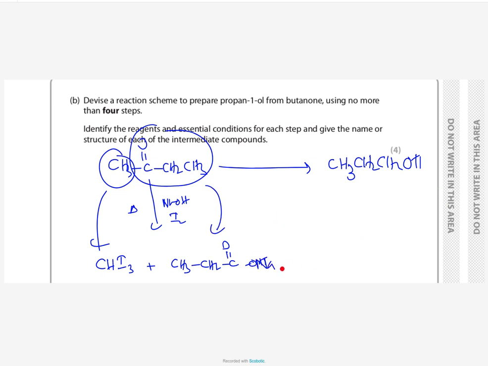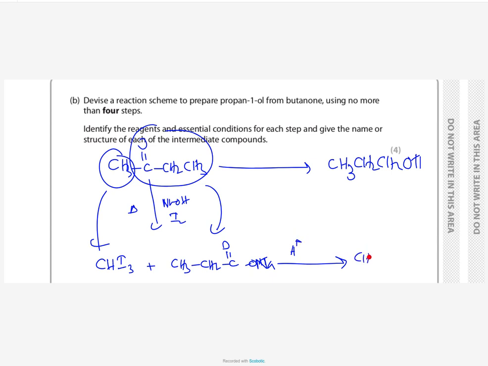Now we have to convert the sodium salt into a carboxylic acid. What we can do is we can add an acid. Any acid we can add. Got it? Any dilute acid.